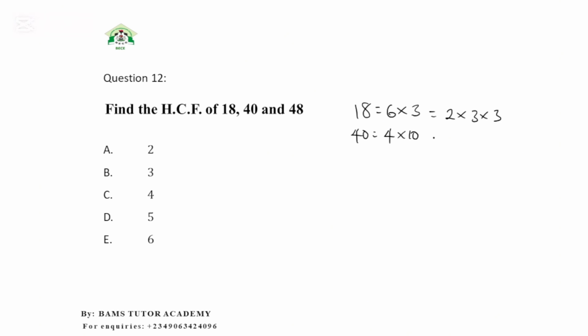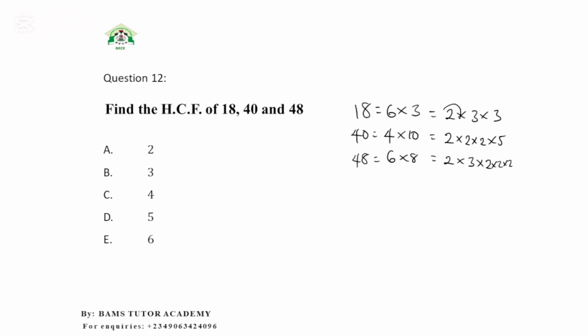Okay, so if I should express it, it's 2 times 2, then 2 times 5. Then 48 can be written as what? 6 times 8. Okay, so 48 is 2 times 3 times 2 times 2 times 2.